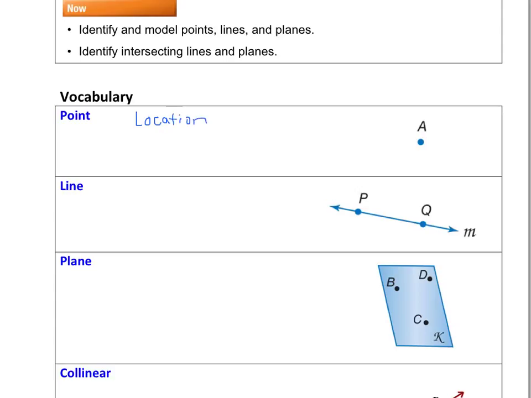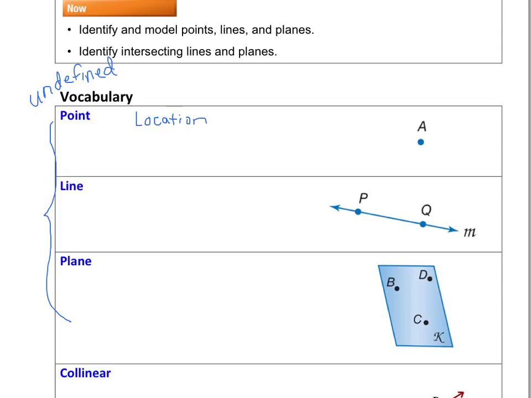Location. So it has neither shape nor size, and that's just something that we have to accept. And by the way, that has something in common with lines and planes. So here we call these undefined terms, and the reason why we call them undefined is because we can't literally make a point that has no dimension, that has no shape or size.